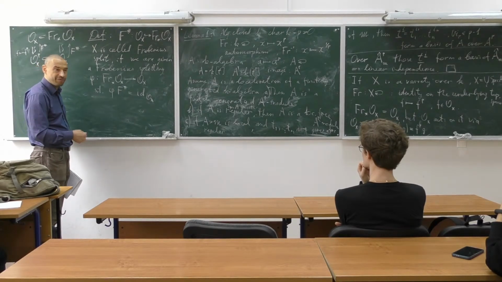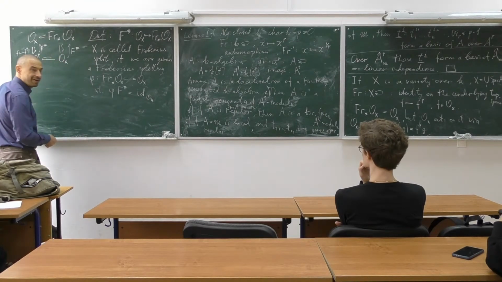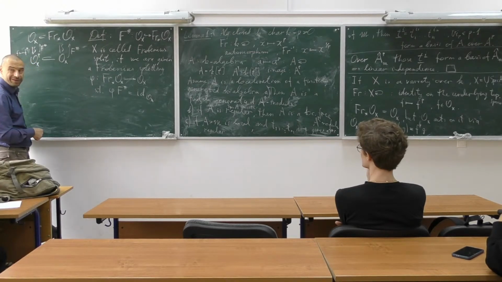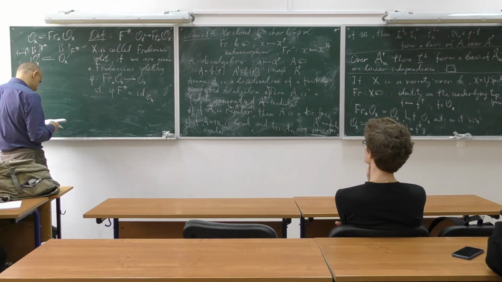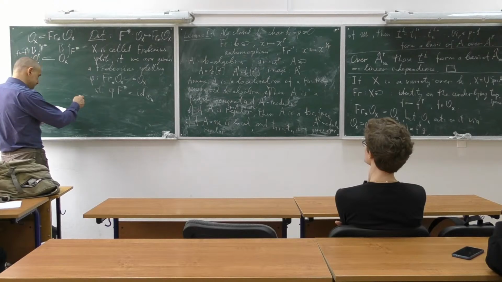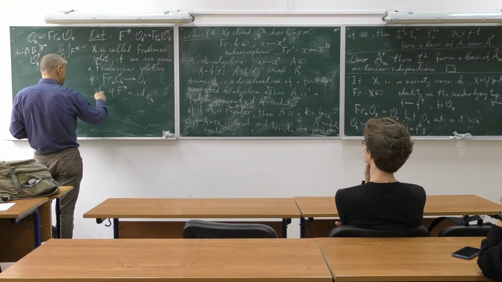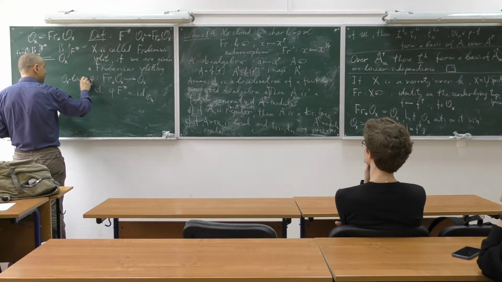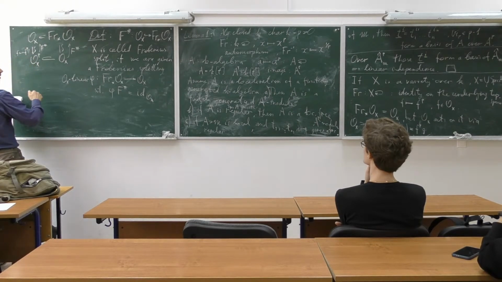For any curve of positive genus, for an elliptic curve or any curve, I will explain later on. But the point is, it's very rarely true. Okay, but certainly this phi must be O-linear.